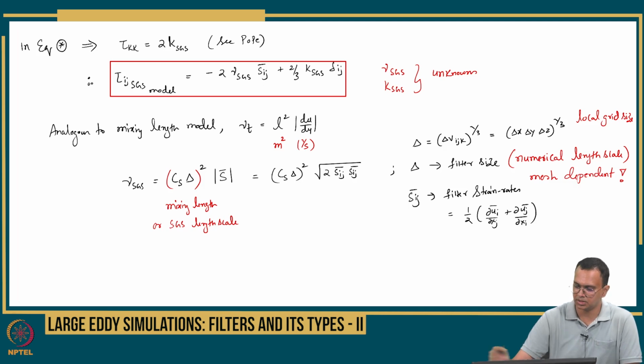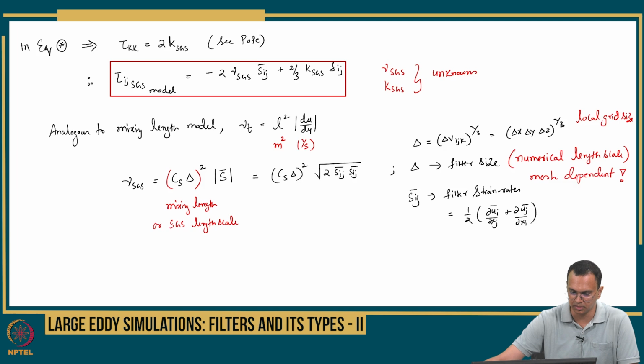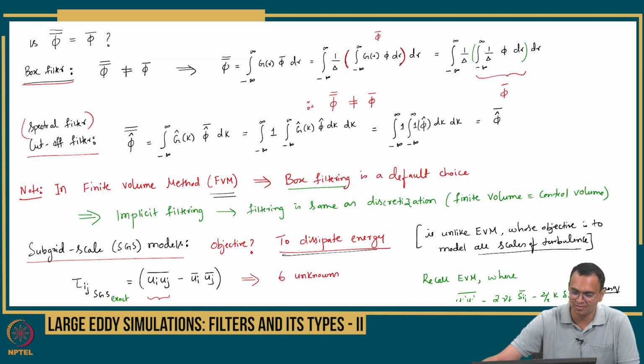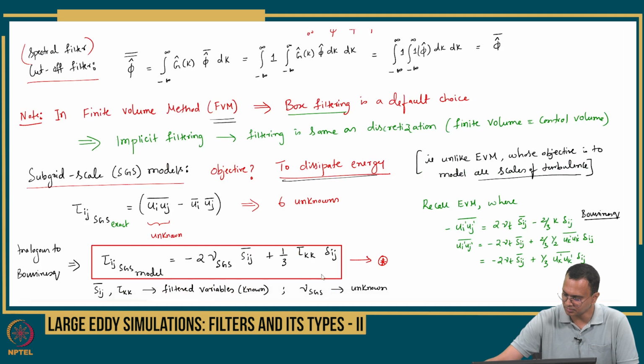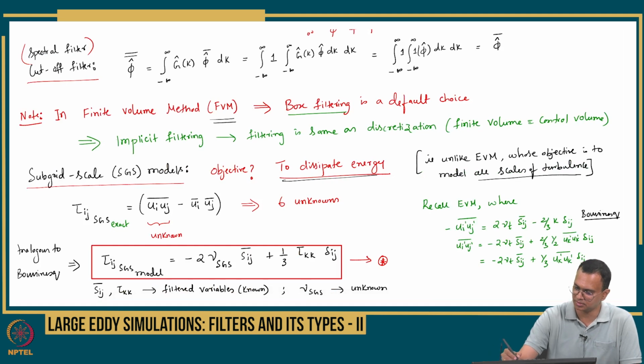One disadvantage in this model, okay, I did not name this model. That is strange. This is actually called Smagorinsky model. I left out the main thing here. Okay, so this particular model is called Smagorinsky model.